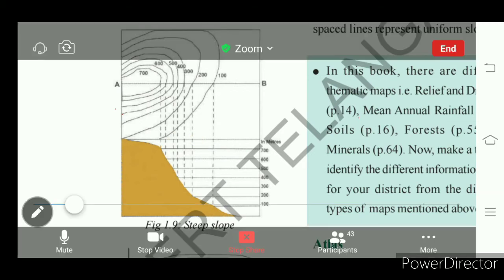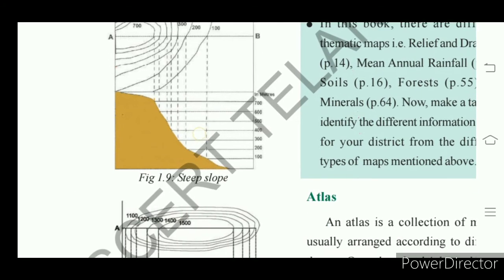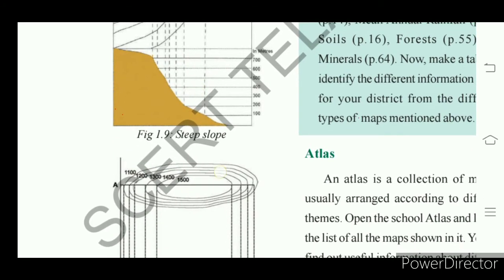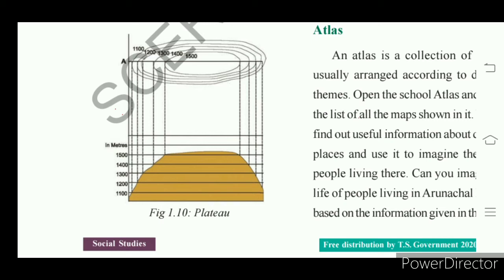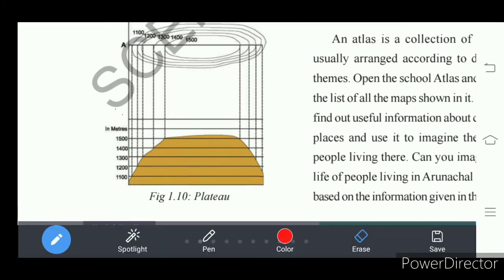Next, one more figure, showing a plateau. This is figure 1.10. What do you see here? It is a plateau. How are the contour lines drawn? With equal distance, right?